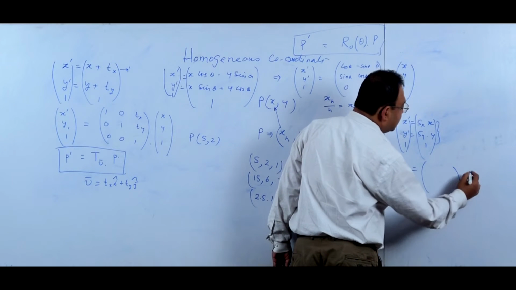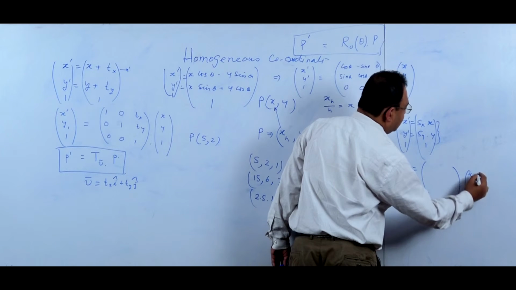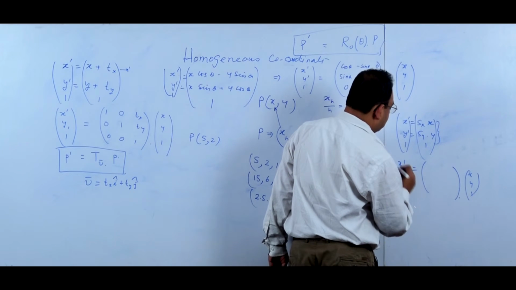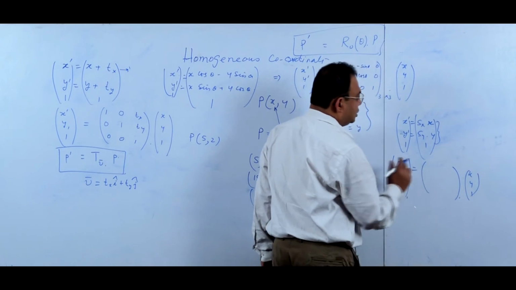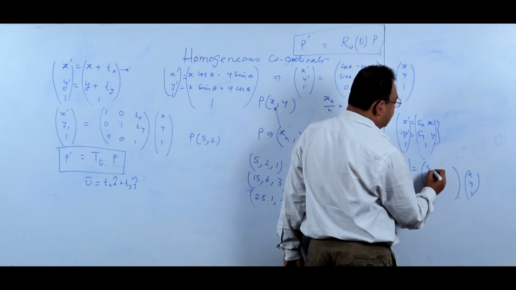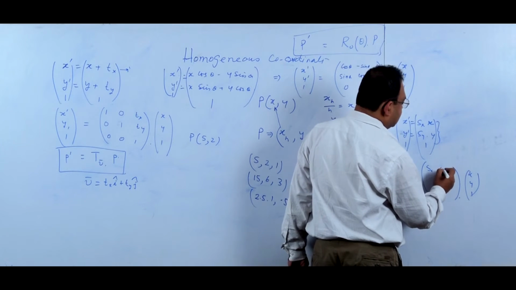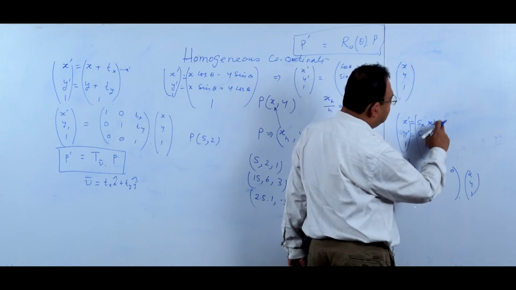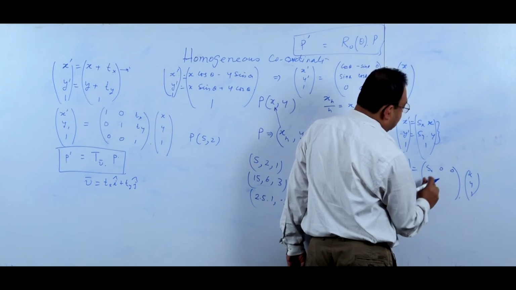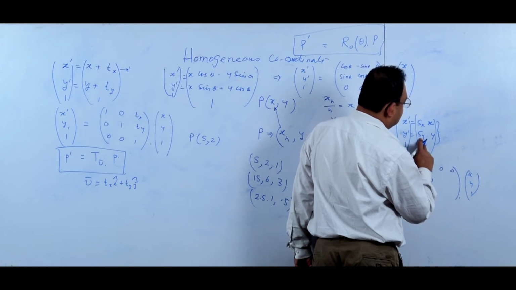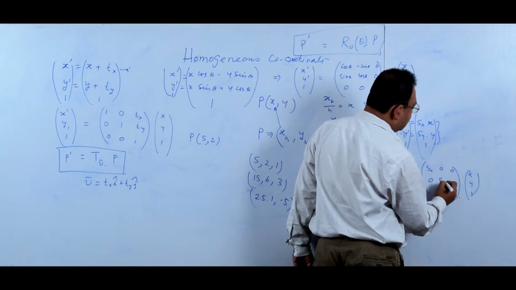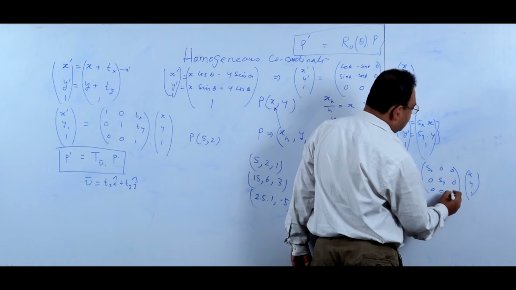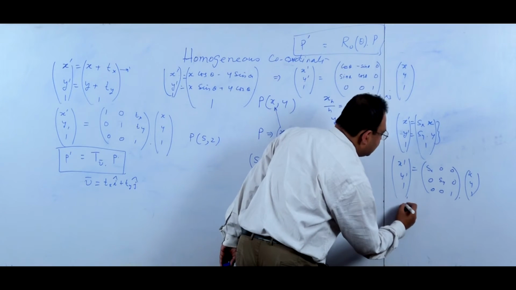This is the operator matrix operated on x, y, 1, and this is x dash, y dash, 1. So this will definitely be sx into x. This is 0, this is 0, because there is no y component and no constant term. Similarly, this is 0 into x, there is no x component here. This is sy, 0, and this is 0, 0, 1.